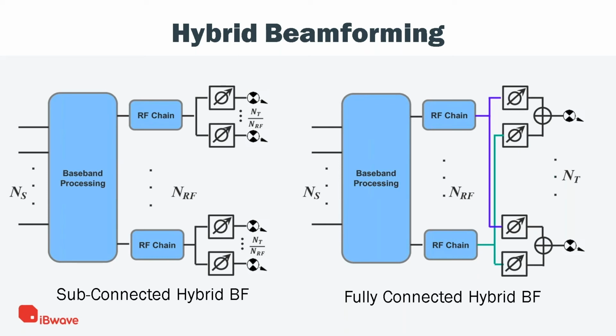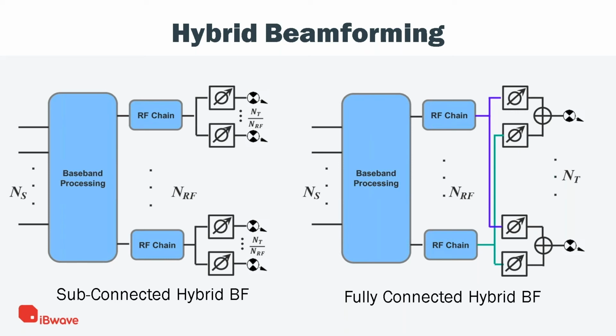And here there are two possibilities of deploying such hybrid beamforming. The first possibility is that each RF chain connects to a subset of antenna elements, not all antenna elements.